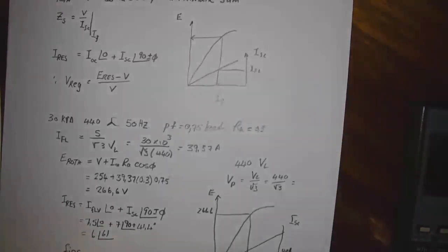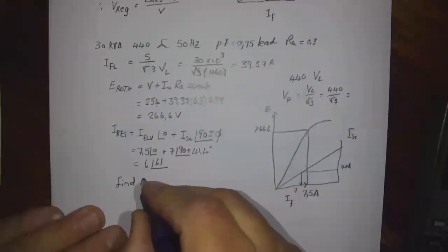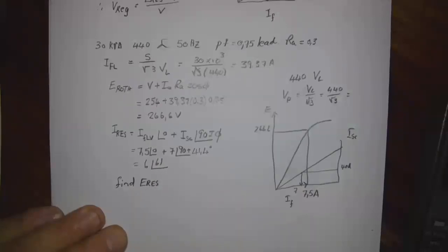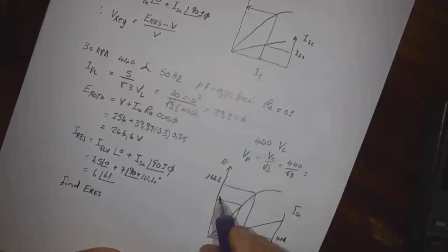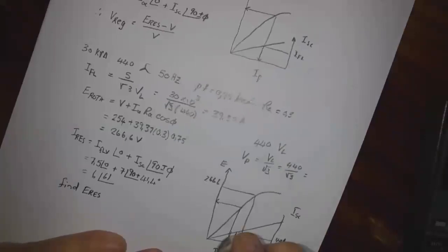Now find E-res. So now we go to 6. We go straight up, and we find the voltage there. Okay, now let me just write them a bit clearer.